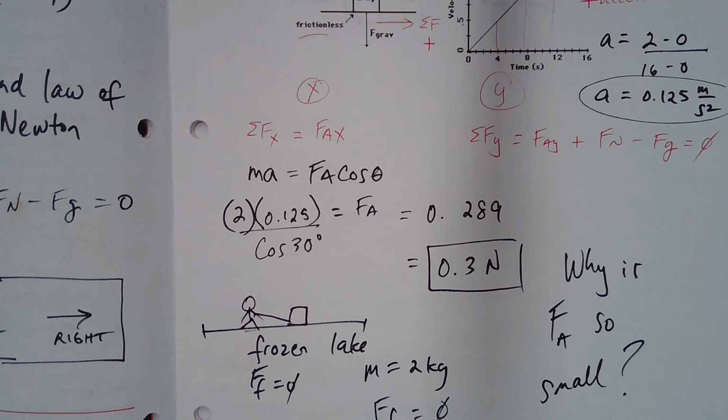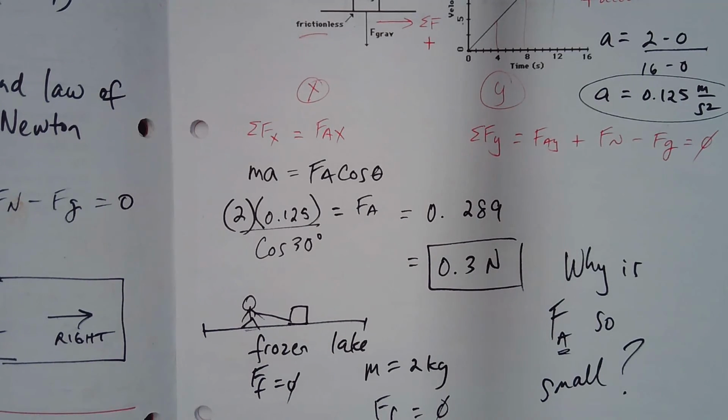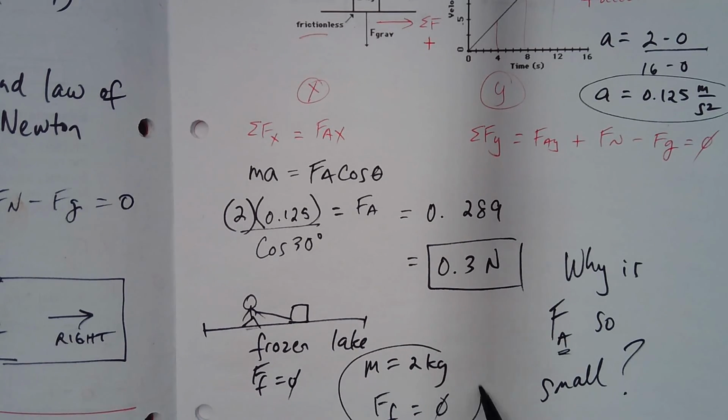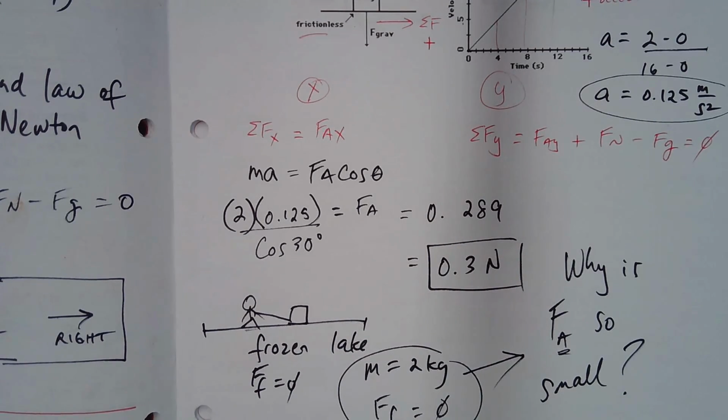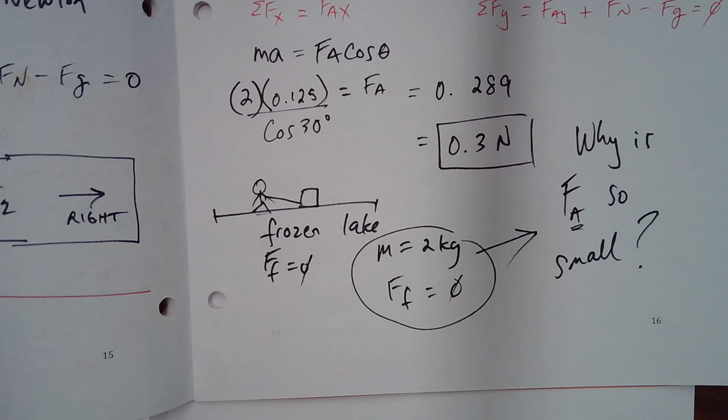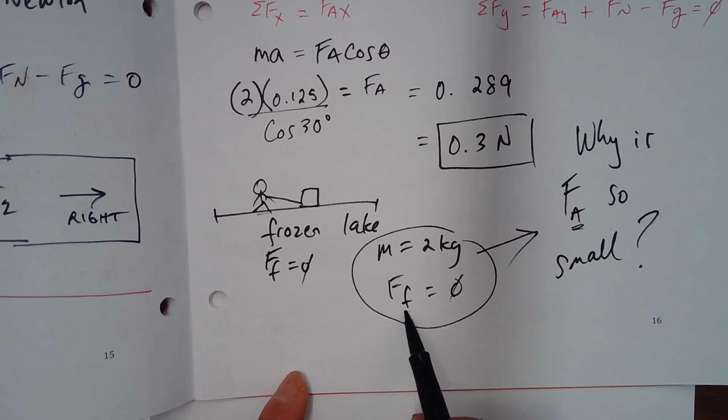So you can actually push it very easily. It's the friction that is making it harder to move the object. Okay? So the applied force is so small. That's the reason there. Mass is small, 2 kilograms only, and the frictional force is 0. So this is why the applied force that you need is small.